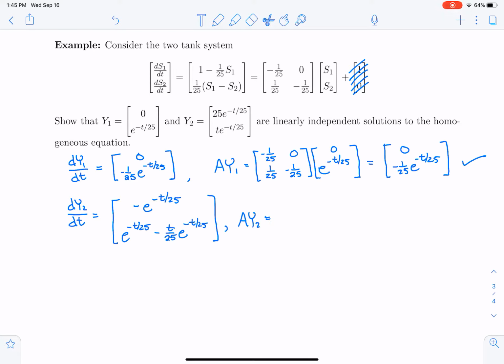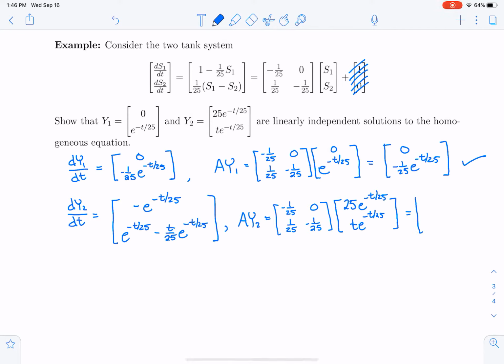Okay, again, we're going to have this same matrix, and we're going to multiply it by my solution. My solution here being 25 e to the minus t over 25, and then t e to the minus t over 25. Let's see what that gives us. When I look at the first row, it looks like I get a minus e to the minus t over 25.